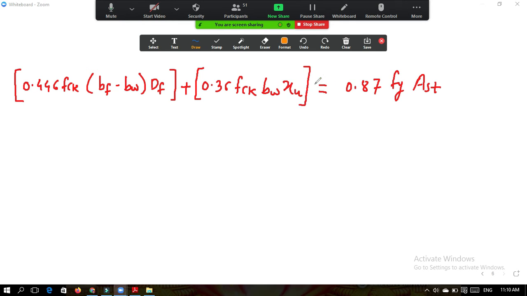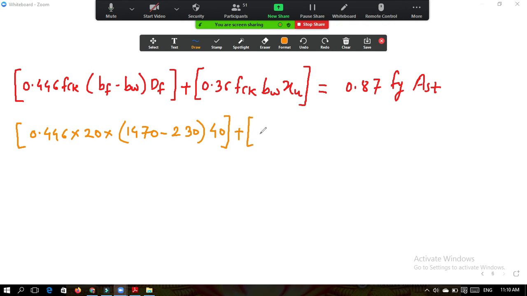So now put the values. If you put the values over here, what you will get? Here it is: 0.446 into 20 into BF, which is 1470, minus BW, which is 230, into DF, which is 40. First bracket is complete.